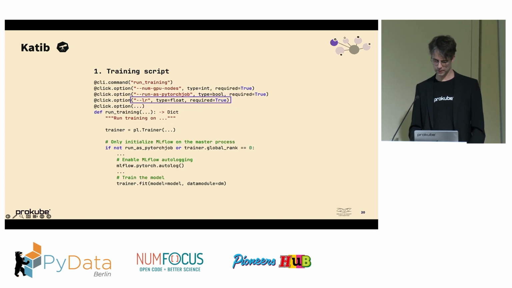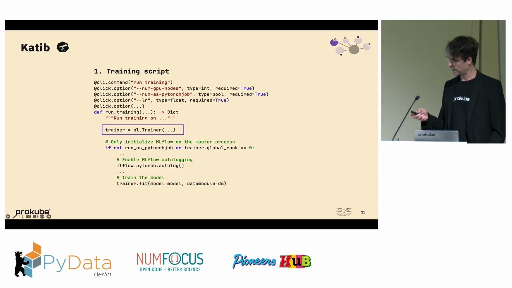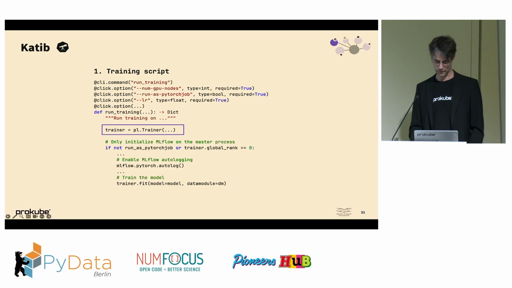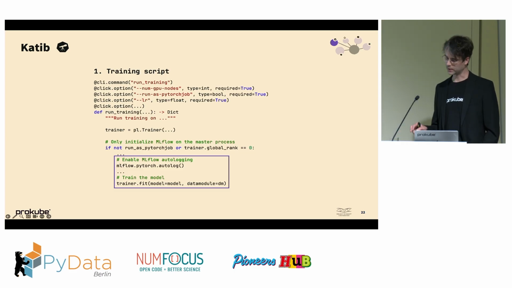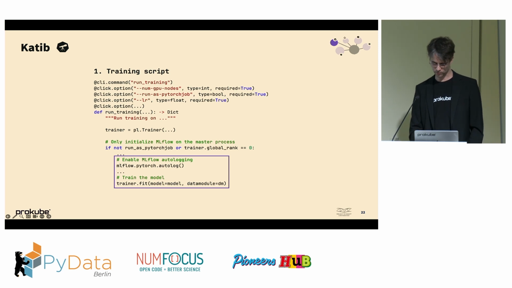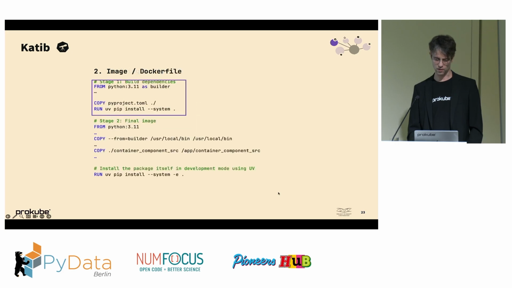Here the mostly interesting thing is this parameter LR, which is what we want to optimize, which is the learning rate. And then also here, the most important thing is this trainer thing, which we initialize. And then you can see here we can use MLFlow autologging, so that we have a nice web interface afterwards. And afterwards we could basically use whatever we want to run our model.